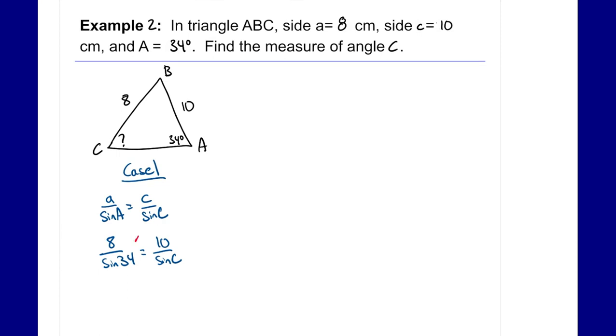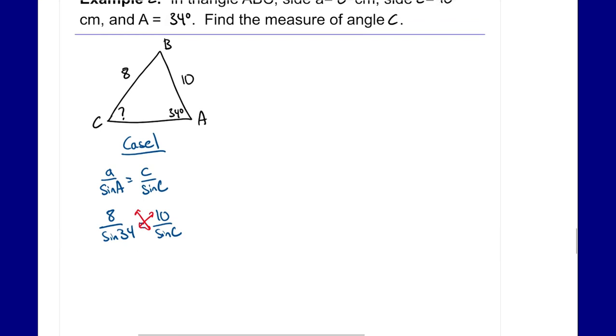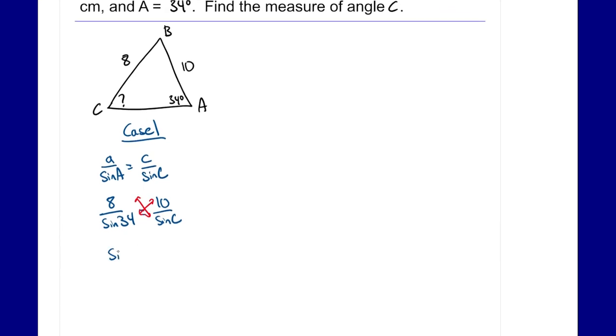I'm going to solve now the sine law for angle C. So I'm going to cross multiply and then rearrange. So I'm going to end up with sine C is equal to 10 times sine 34 divided by 8.